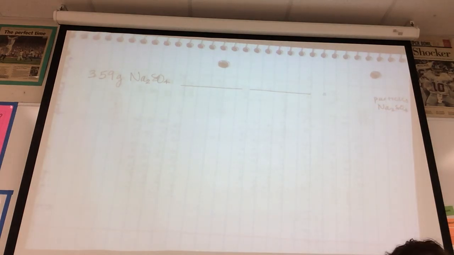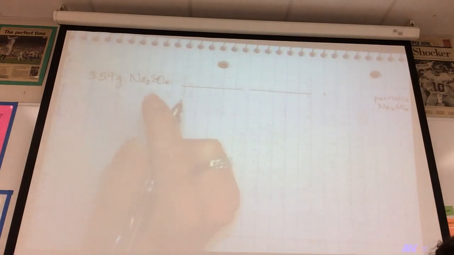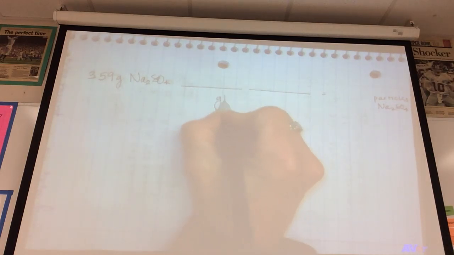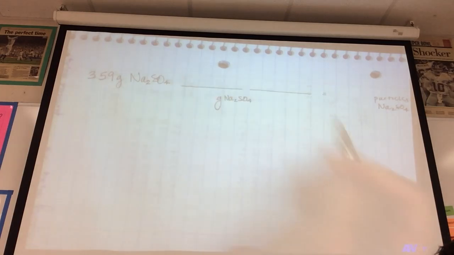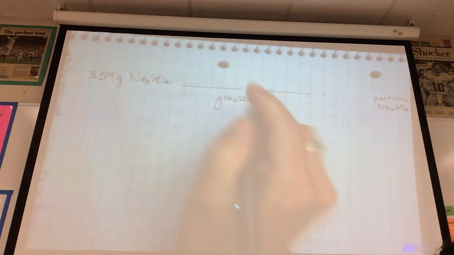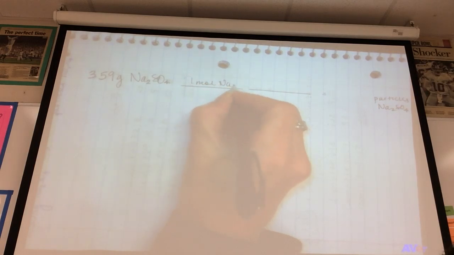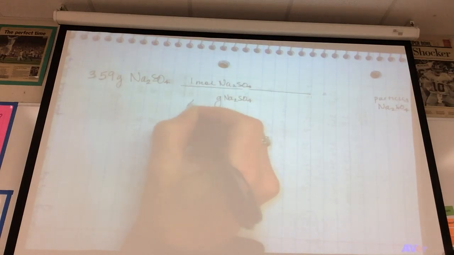Now what do I need to do? If I've got grams here, what must go in the denominator of this first fraction? Grams. And if I have grams in one part of the fraction, what goes in the other part? 1 mole of it.